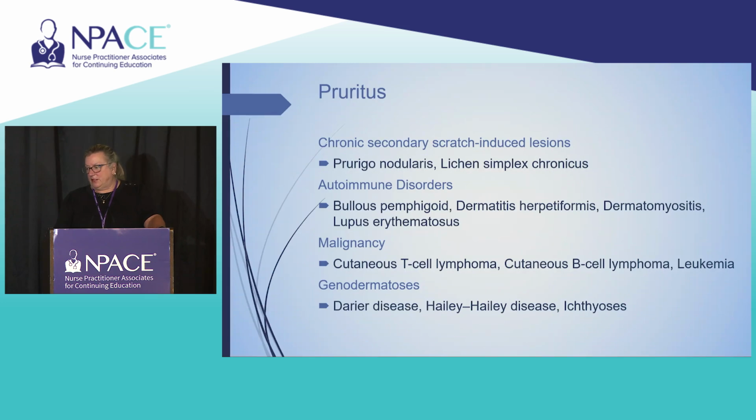We said that it's also associated with malignancies. Autoimmune disorders, of course, the bullous diseases are very itchy in and of themselves. But as I said earlier, they may be a harbinger of an internal malignancy that is also pruritic. And of course, the genodermatoses, rare, but they're also very itchy.